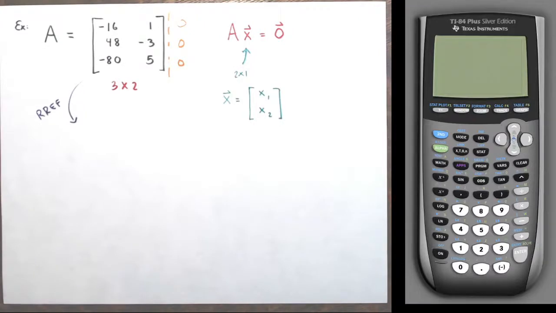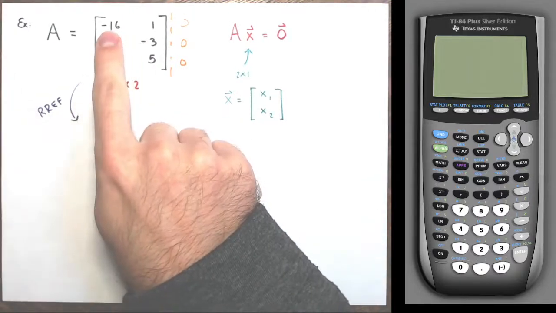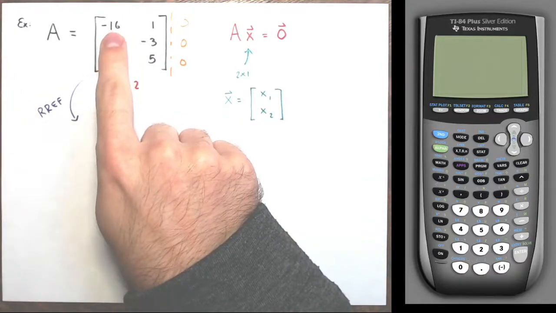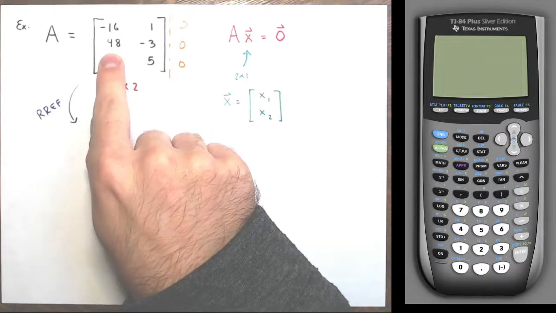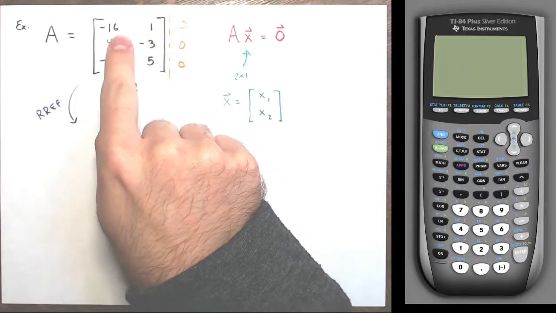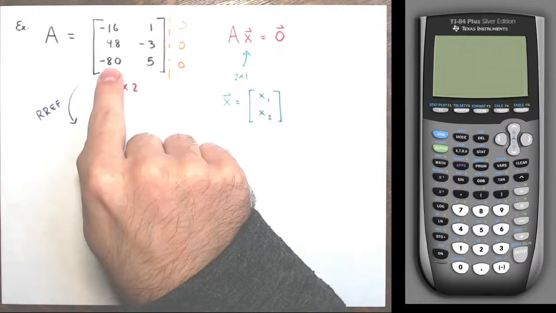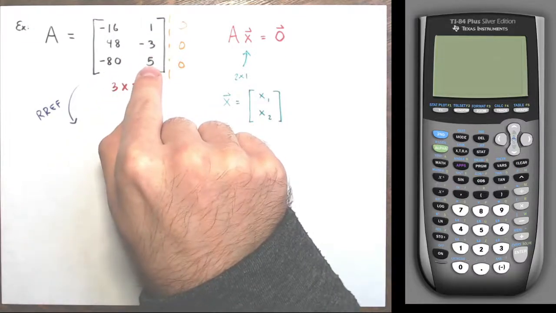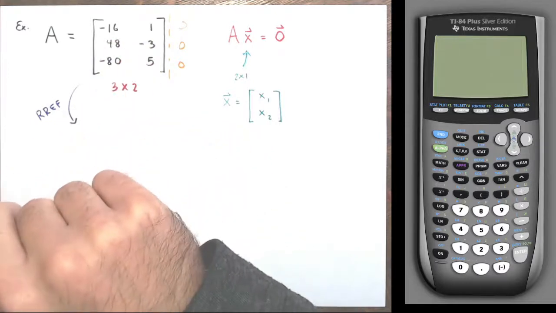Alright, now this one's not so bad. I can actually do this out loud pretty quickly. Because look, if you take that first row, multiply it by 3, you'll have negative 48. Add it to the second row, that'll make that 0. And then 3 plus negative 3, that'll make a 0 row. And then do the same thing, multiply the first row by negative 5. And that'll be positive 80, then plus the negative 80 will be 0, and then negative 5 plus 5 will be 0. So the last two rows will be 0 rows.